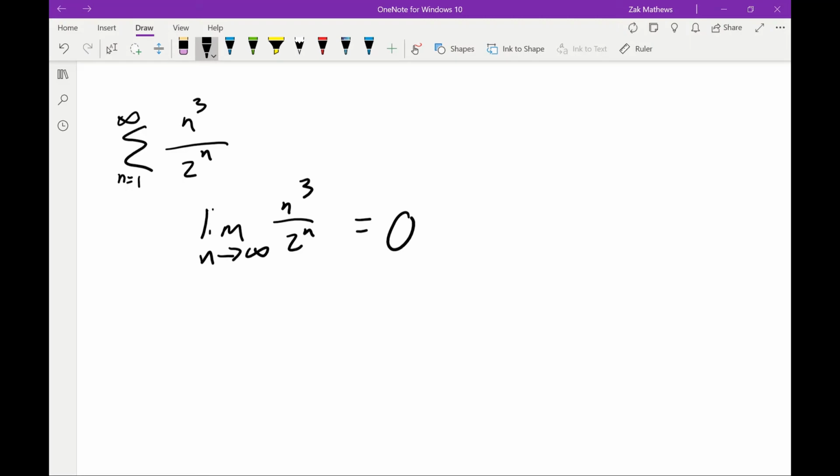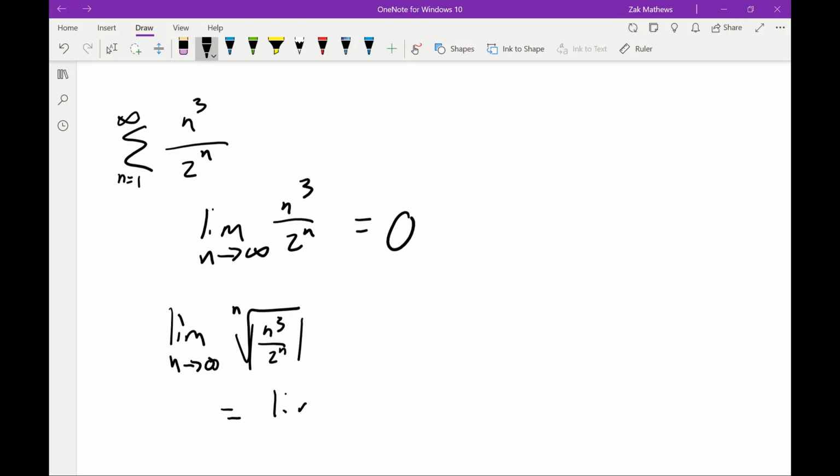We're thinking we might want to use the root test. So the root test says take the limit as n goes to infinity of the nth root of the absolute value of n cubed over 2 to the n. Now if n is going to infinity, we can just drop those absolute values and deal with the positives.